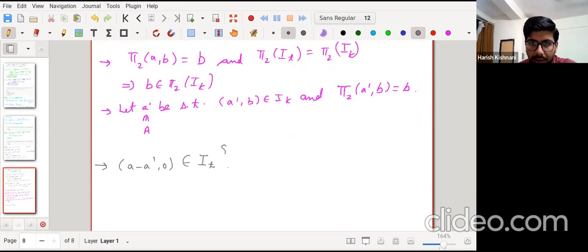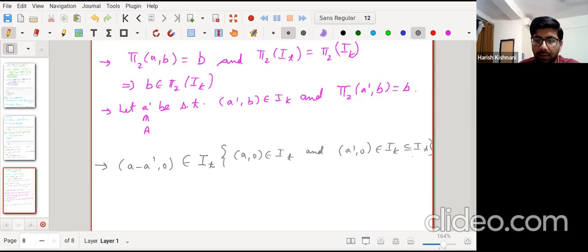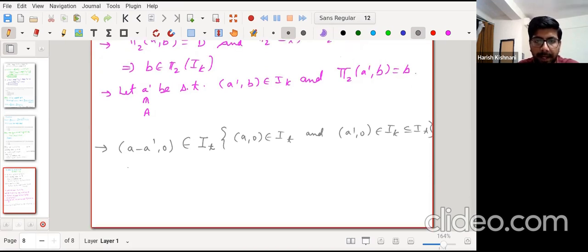Because (A, 0) belongs to I of T, and (A dash, 0) belongs to IK, which is inside your I of T. So this belongs to IT, and this is also inside your P, right?